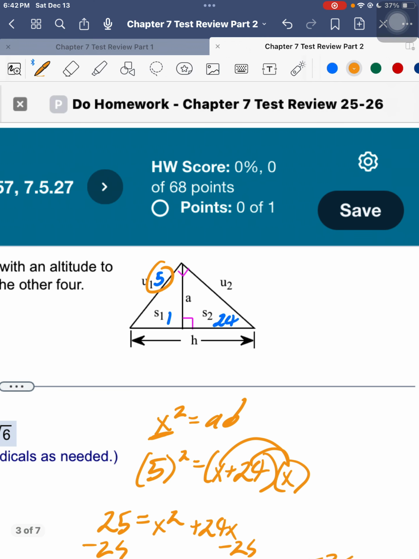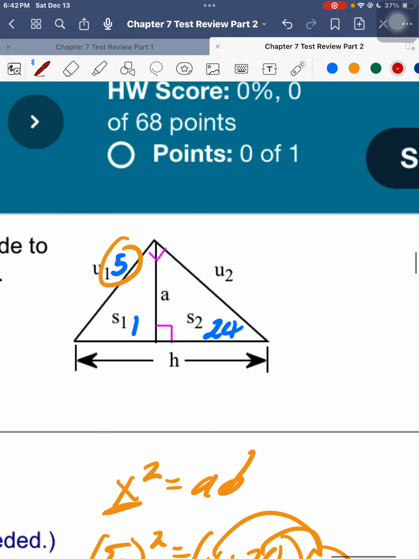So once again, U2, I don't like subscripts, so I'm going to change this into a Y. So let's solve for Y. Y squared equals AB. My Y, I don't know it. My A is my whole hypotenuse, which is 25. And my B is going to be 24.